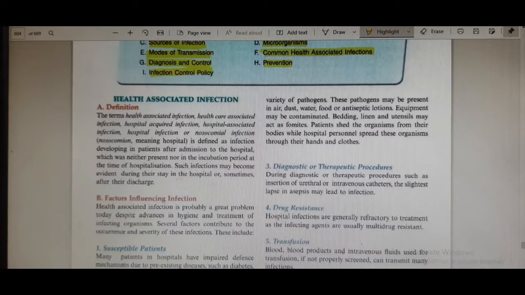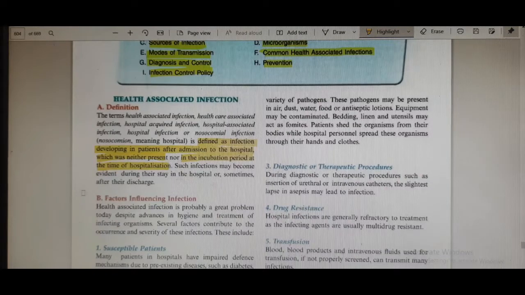So this health associated infection is defined as infection developed in the patient after admission to the hospital, which was neither present before getting admitted, nor was it in the incubation period at the time of hospitalization.